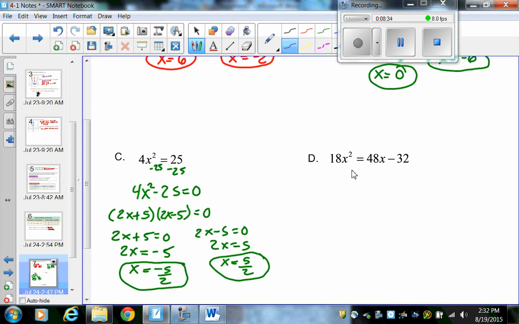For D, we're going to get everything on one side, so I'm going to bring the negative 48 over and add 32 to both sides, which is going to give me 18x squared minus 48x plus 32 equals 0. So greatest common factor first, so I'm going to pull out a 2.